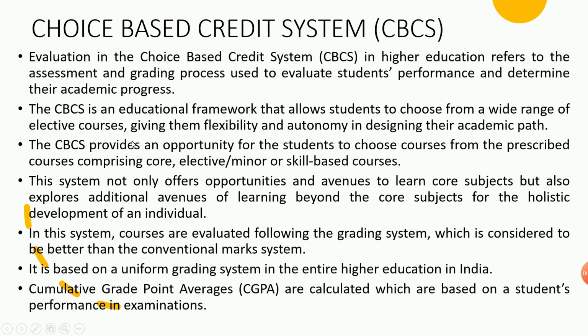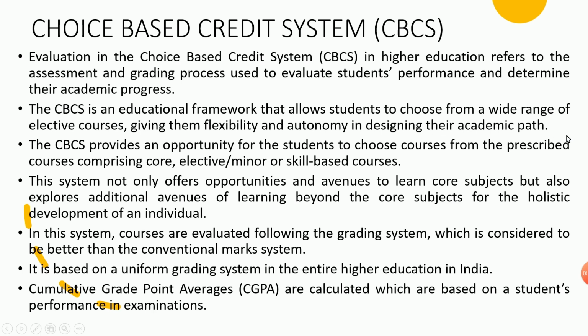So on the academic framework, they are grading the students based on their progress. So how is it done? The CBCS is an educational framework that allows students to choose from a wide range of elective courses, giving them flexibility and autonomy in designing their academic path.